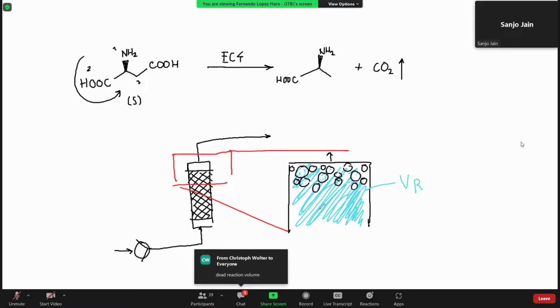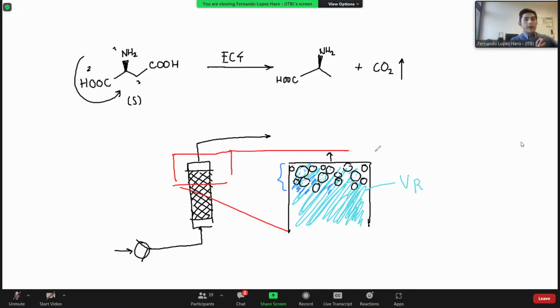It'll reduce the effective reaction area. Reaction area. Yes, partly, exactly, because some of this volume is also occupied by, of course, the packing or the enzymes that are in the solution.